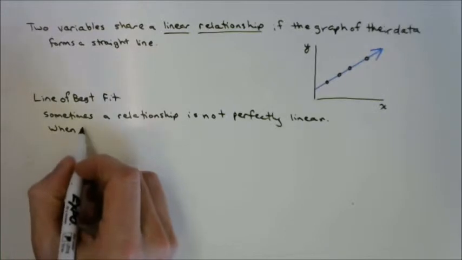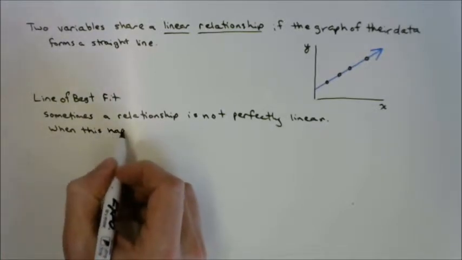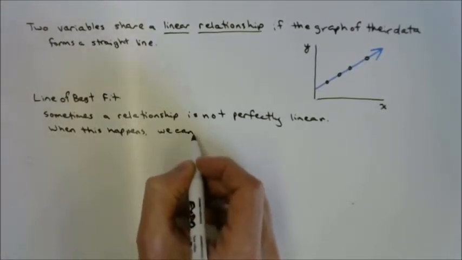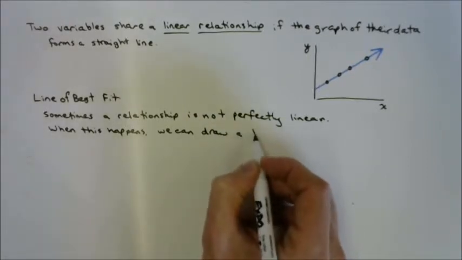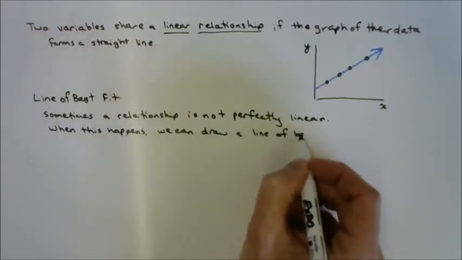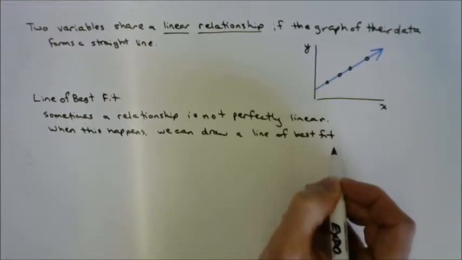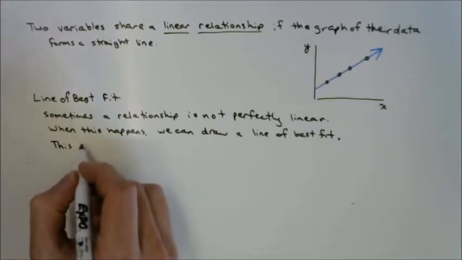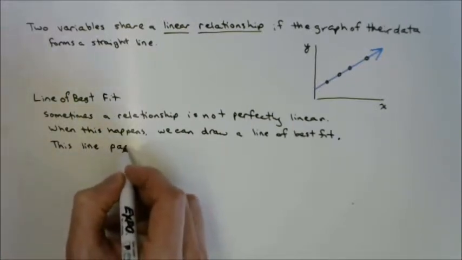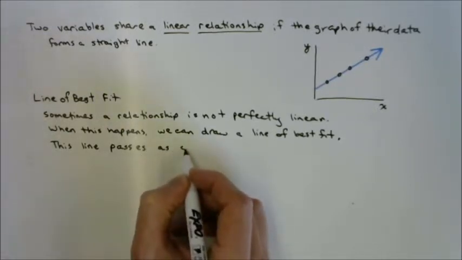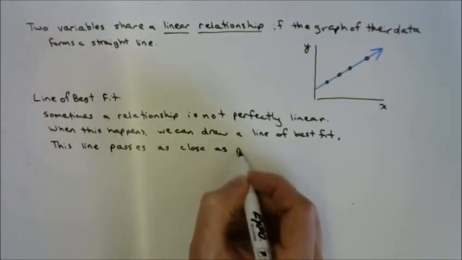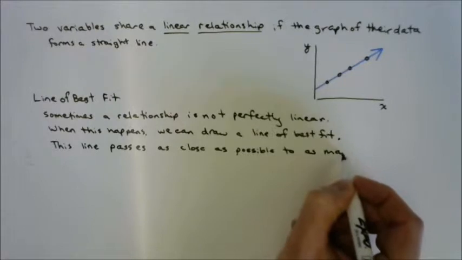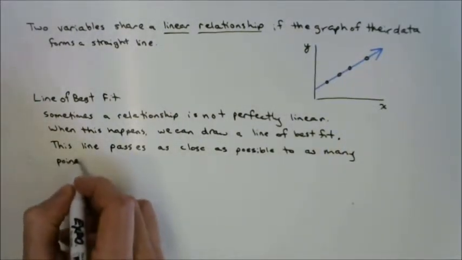When this happens, we can draw a line of best fit. This line passes as close as possible to as many points as possible.